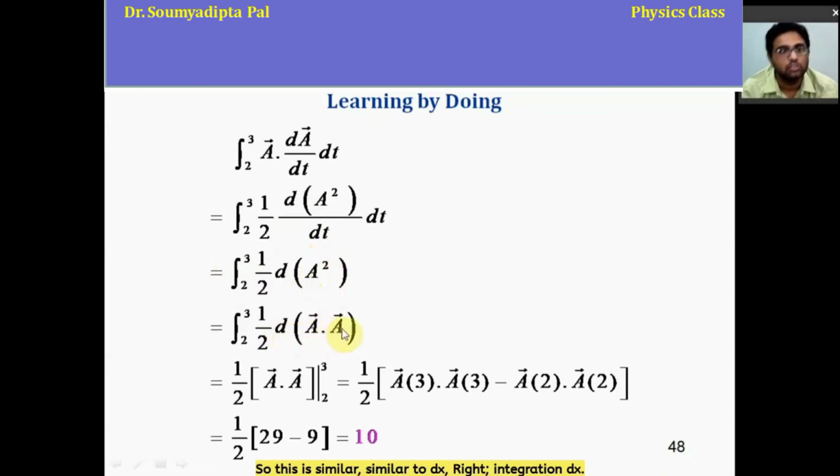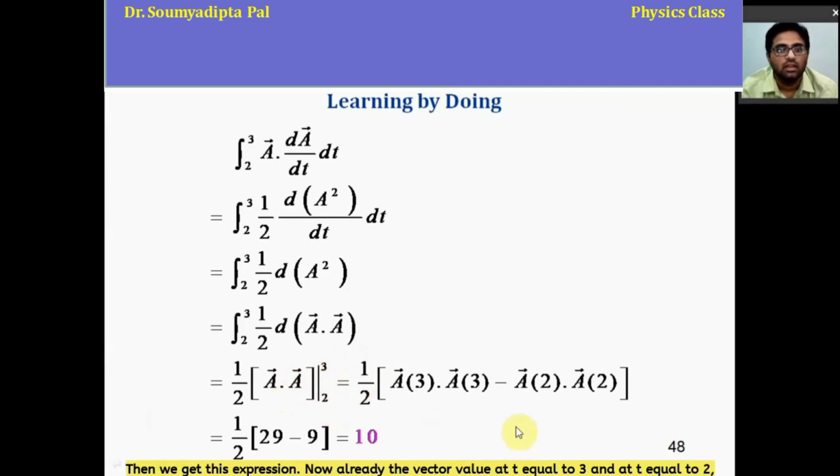So this is similar to integration of dx, which gives you x. So here also we get a vector dot a vector, and the limit is 2 to 3.